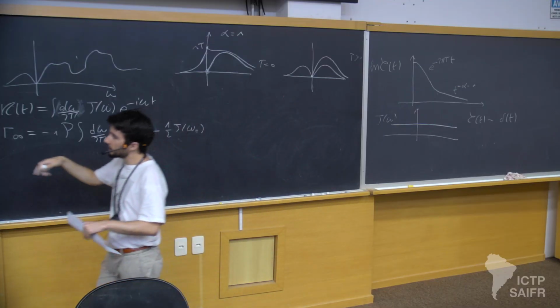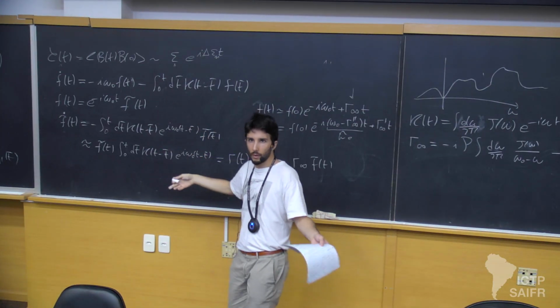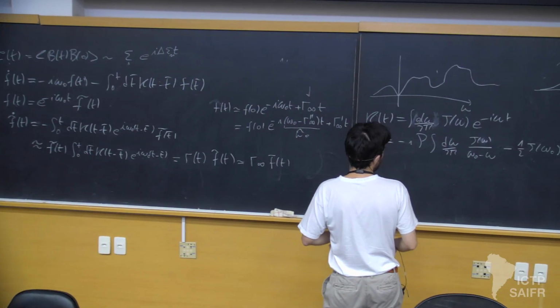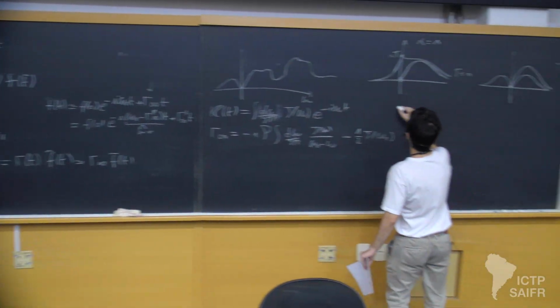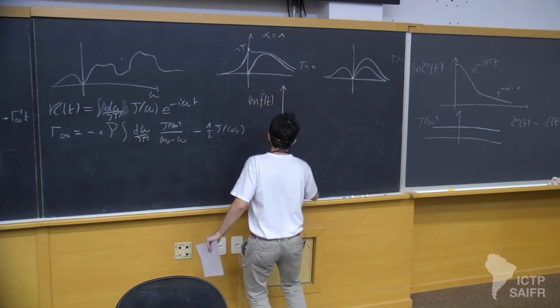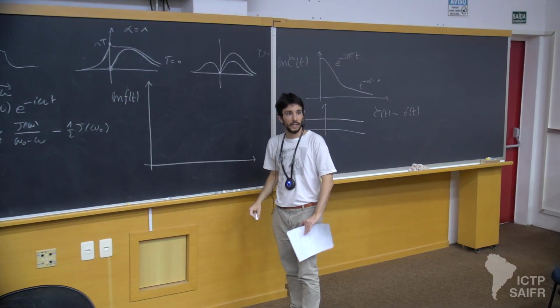But this model can also be solved exactly, so we can compare the two and see where they match or not. And the result has this shape. Again, I'm plotting on a logarithmic scale, so whenever you see a straight line, it is an exponential.